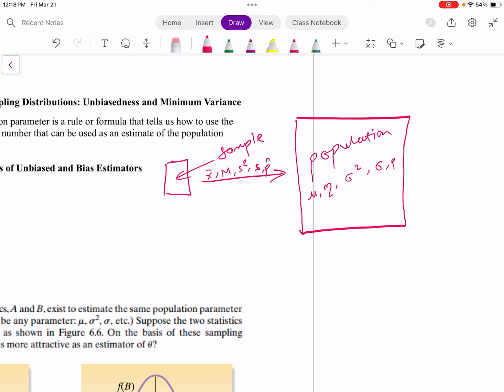We have a sample, we calculate the statistic, X bar, median, S square, S, and we use this statistic to make an estimation of a parameter. So we estimate mu, eta, the median, sigma square, the variance, sigma. There is also a p hat for a statistic. Parameters are the numbers that represent a population, okay?